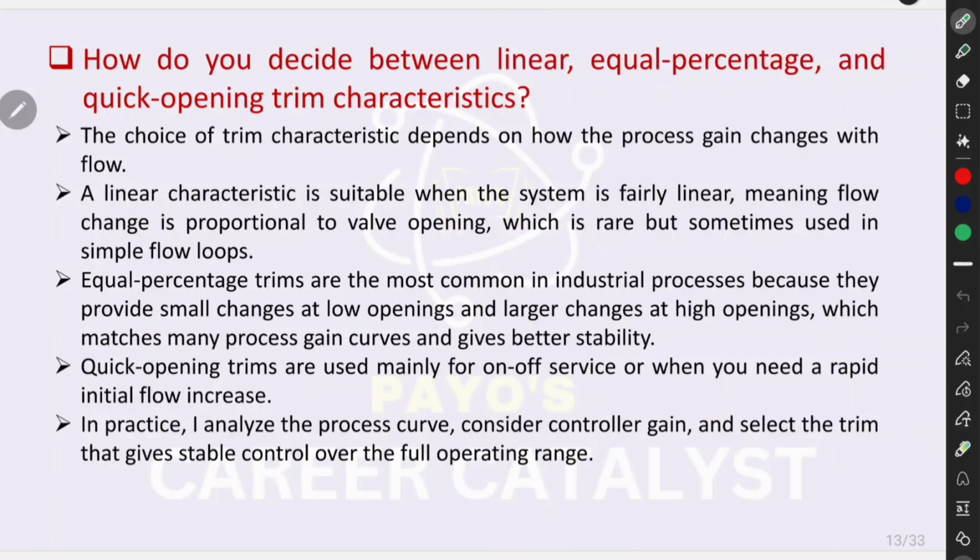Equal percentage trims are most common in industrial processes because they provide small changes at low opening and larger changes at high openings, which matches many process gain curves and gives better stability. Quick opening trims are used mainly for on-off services or when you need rapid initial flow increase. In practice, I analyze the process curve, consider controller gain, and select the trim that gives stable control over the full operating range.